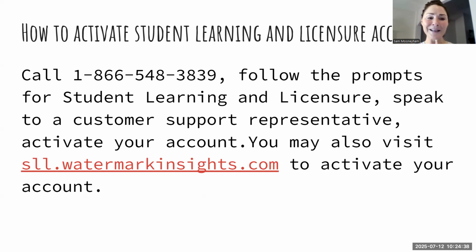But depending on how you prefer to communicate, you can choose to call their help number or email them. And I have their number saved in my phone because for a while when I was learning about student learning and licensure, I called them daily, multiple times a day sometimes.